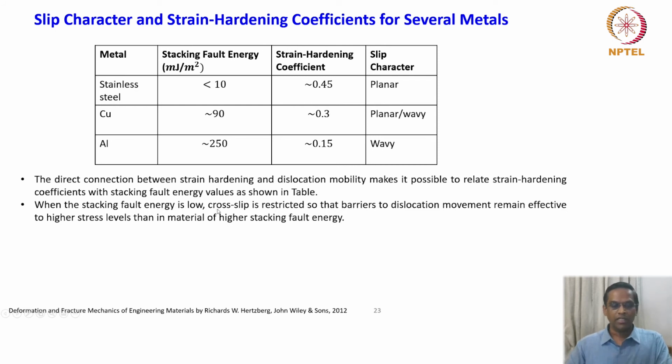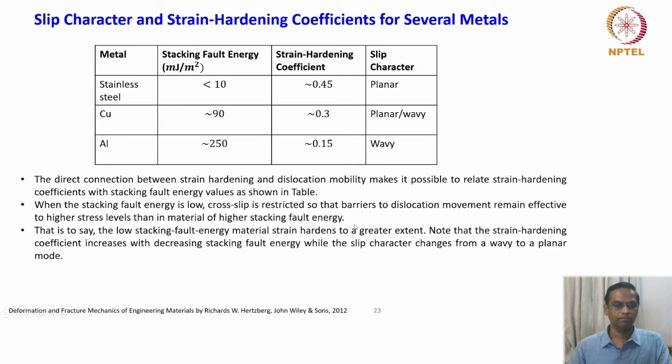So when the stacking fault energy is low, the cross slip is restricted. The barriers to dislocation movement remain effective to higher stress levels than in a material of higher stacking fault energy. That is to say, the low stacking fault energy material strain hardens to a greater extent. Note that the strain hardening coefficient increases with decreasing stacking fault energy, while the slip character changes from wavy to planar mode.